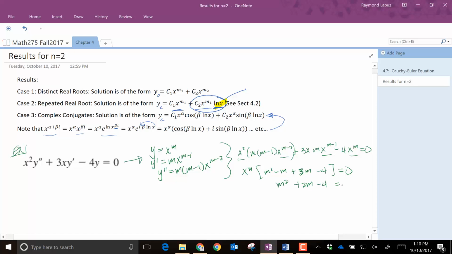Speaking of factoring, we can use the quadratic formula: negative b plus or minus the square root of b squared minus 4ac, all over 2a. So this would be negative 2 plus or minus the square root of 16 plus 20.